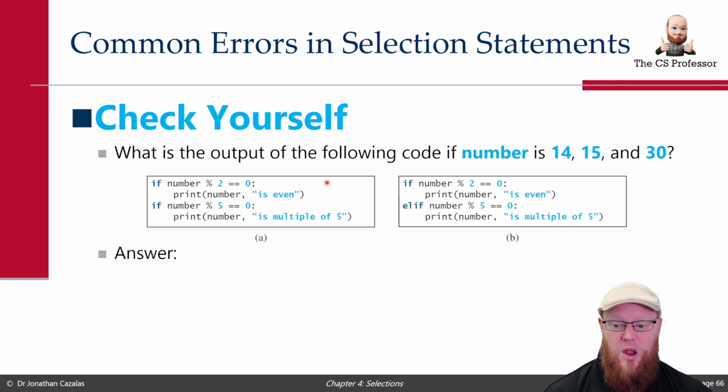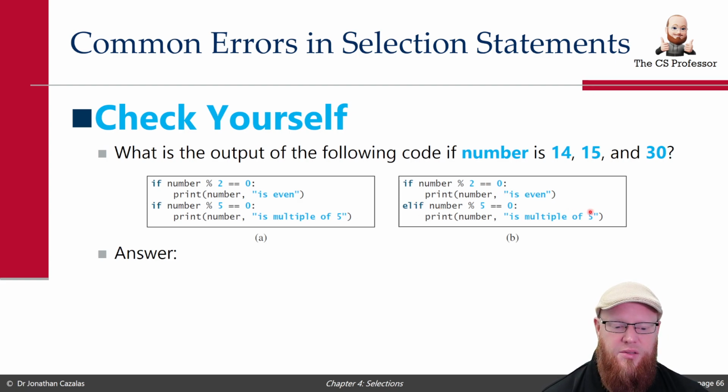Because here's an example of where we maybe wanted independent if statements. 30 is in fact even, so this is going to be true. We'll print 30 is even. 30 is also a multiple of 5, so we'll print out 30 is a multiple of 5 because they're two independent if statements. But here, when we print 30 mod 2 is 0, it's even. That's true. It prints that 30 is even.